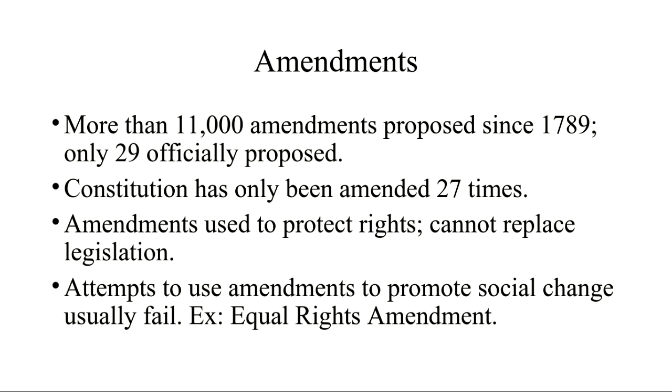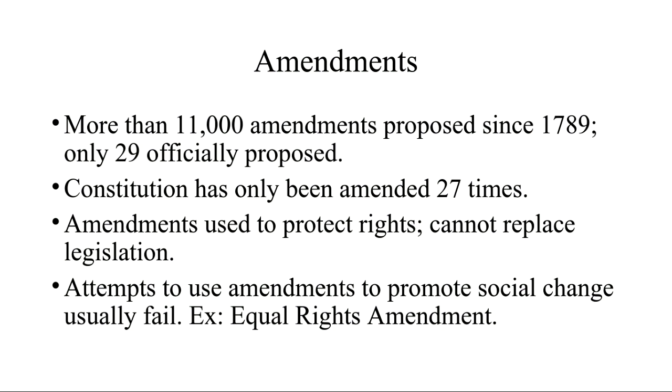So, since the ratification of the Constitution in 1789, over 11,000 amendments have been proposed, but only 29 have ever been officially proposed for ratification. Mostly because amendments are seen as redundant or something that could be handled by passing congressional legislation, so a lot of them die before they reach the floors of Congress.